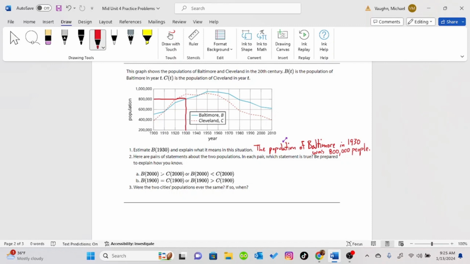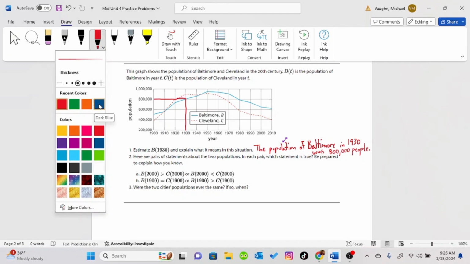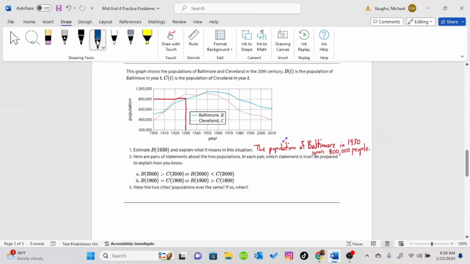Number 2. Here are pairs of statements about the two populations. In each pair, which statement is true? Be prepared to explain how you know. So, the first statement says B of 2000 is greater than C of 2000.